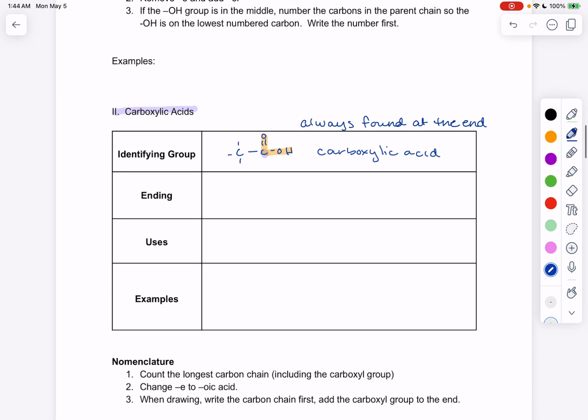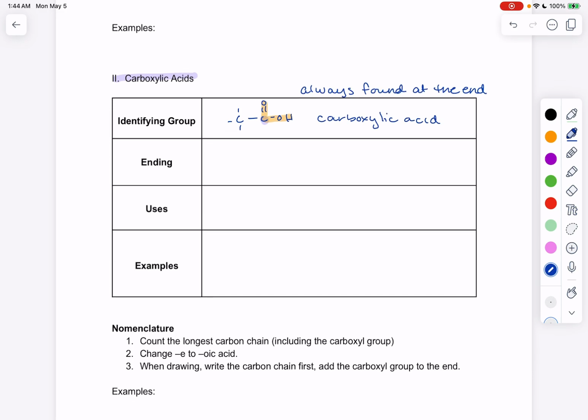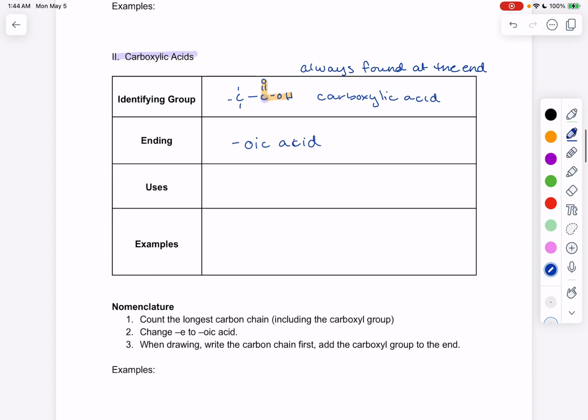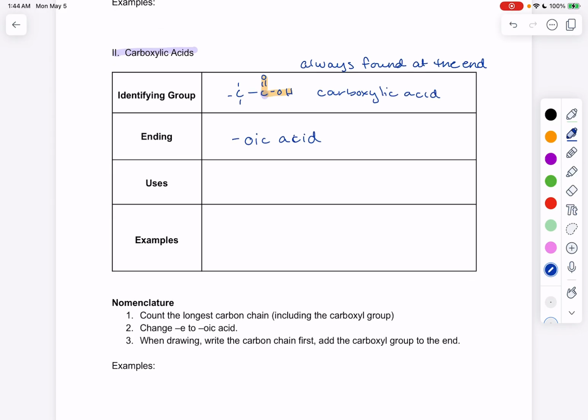And just like in naming alcohols, we're going to have another ending going on here, and that ending is oic acid. All right, so let's draw a couple of these. I'm going to redraw this one here, and I'm going to tell you the name of it.